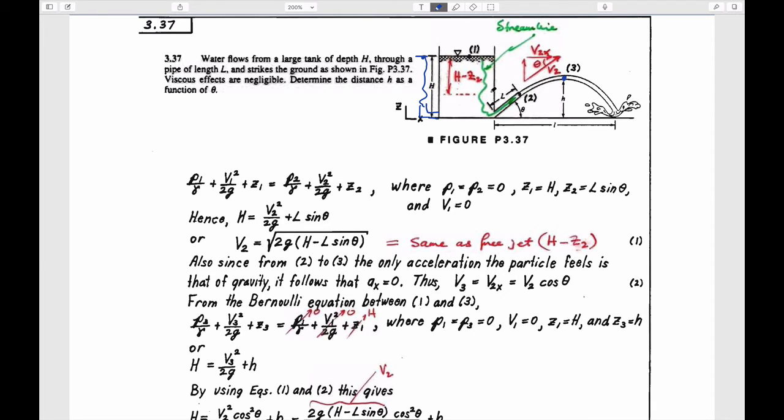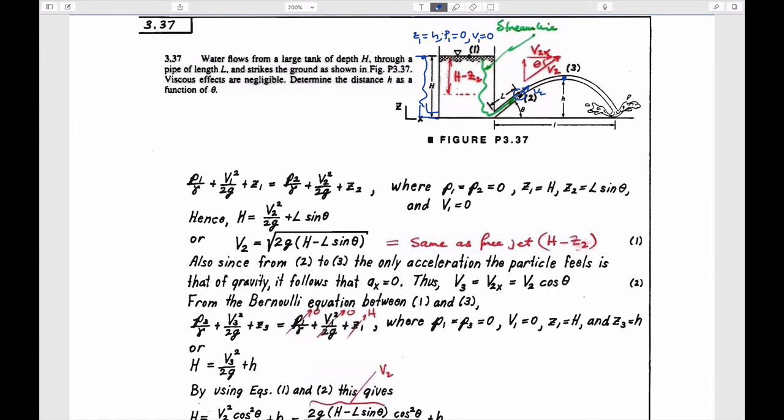We know that you can calculate what the velocity is at this point, which is v2, right? And you know that because the pressure here would be 0. The velocity here would be 0. And the elevation here is known. So you know all three properties here.